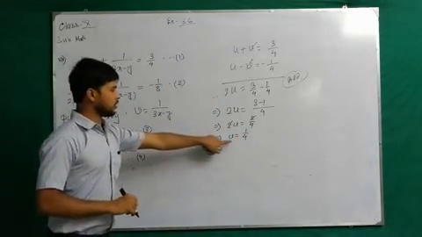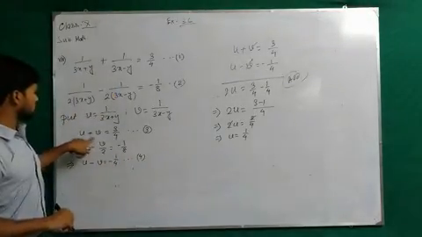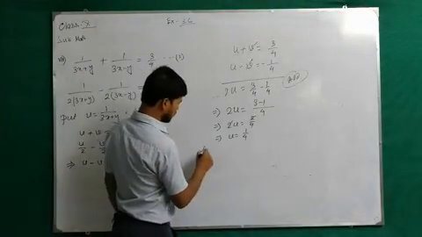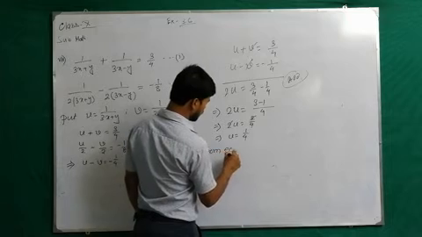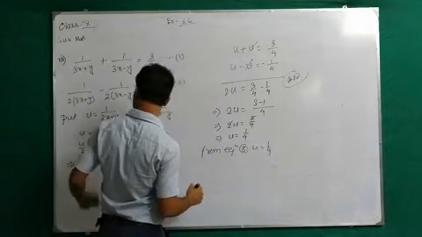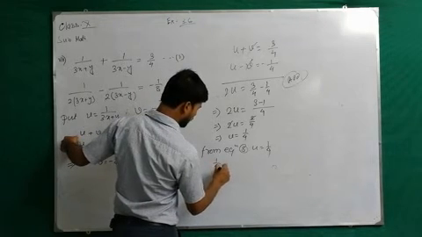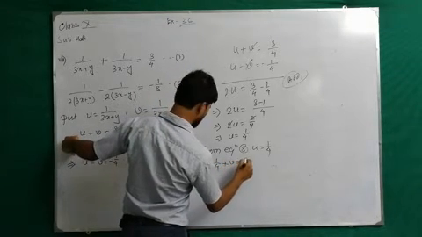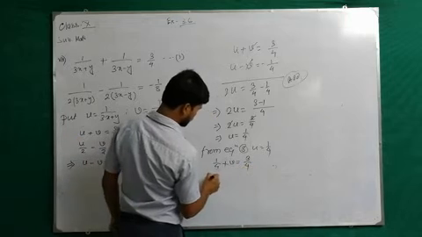Now if you substitute u equal to 1 by 4 in equation number 3, we have 1 by 4 plus v equal to 3 by 4.